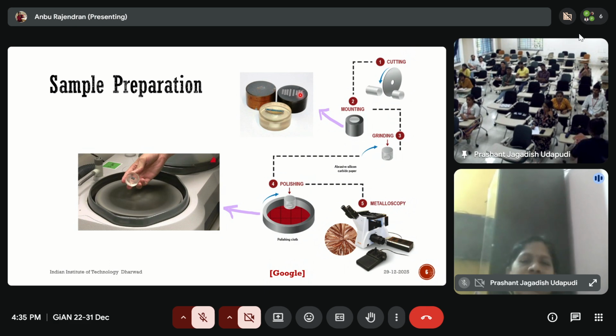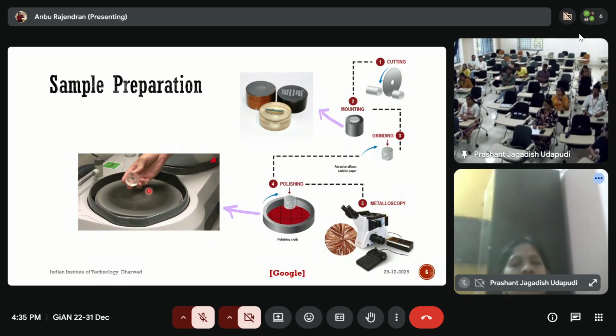These resins hold the samples, and then the whole mold can be used for sample preparation. It is not restricted only to fine samples; even a bulk sample which can fit within the size of the mold can be mounted before sample preparation. Once it is mounted, it is supposed to be polished well through multiple steps using emery sheets.